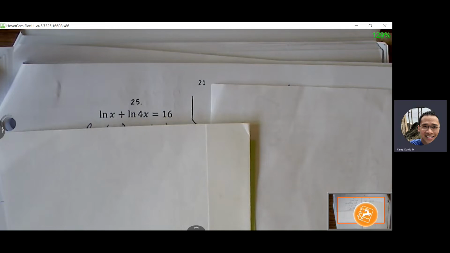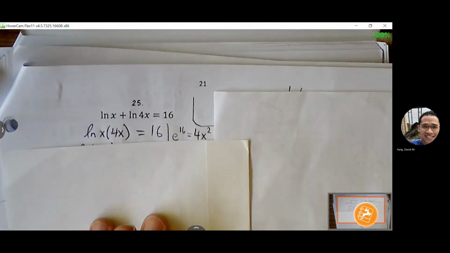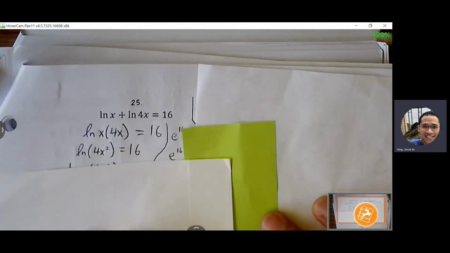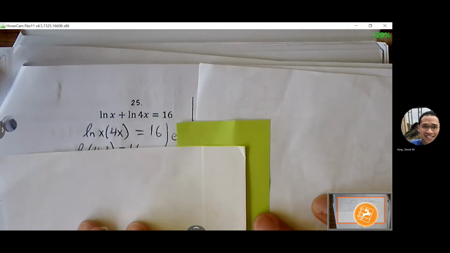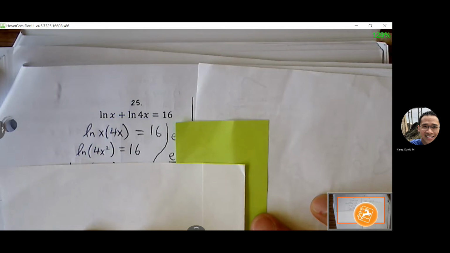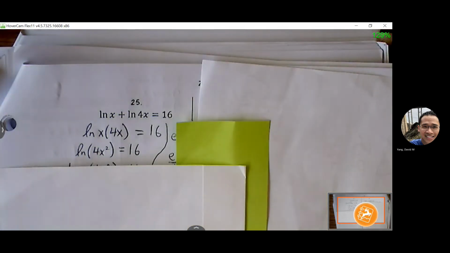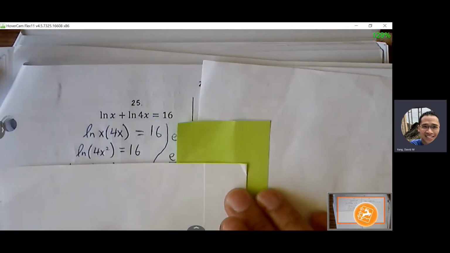No power property to deal with, no coefficient to worry about. We can just go ahead and directly merge them using product property. Log base e, get that to show up.